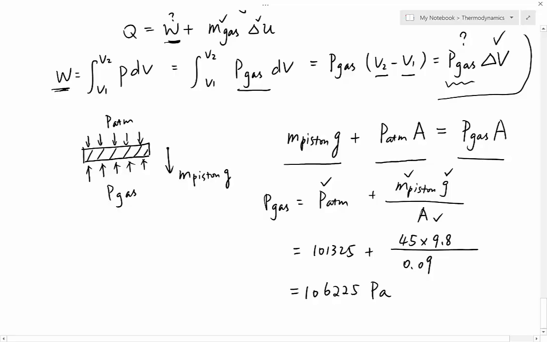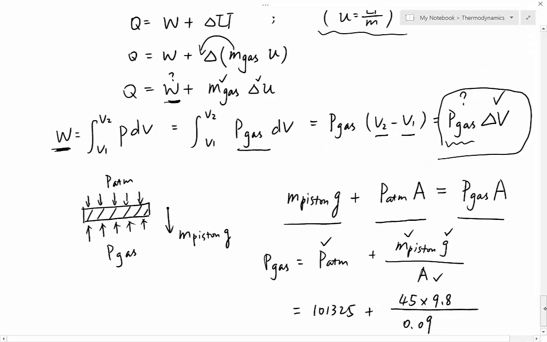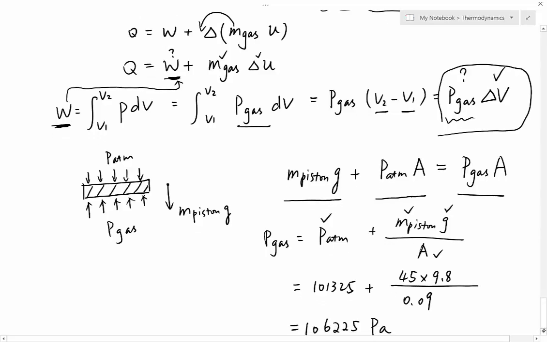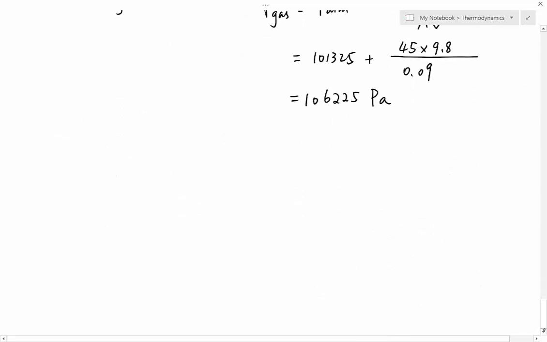So we go back to here, we plug in delta V, we plug in pressure of the gas, then we find W. And after we find W, what do we do? We plug this W back into here, and then we can easily find heat transfer. Okay, so let's plug in. Alright, so let's first find W. Like before, we copy down this equation.